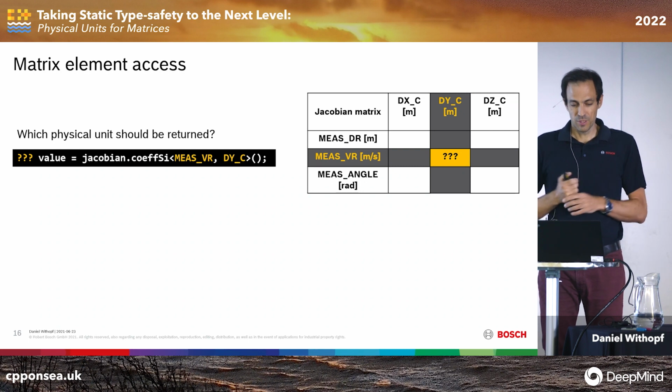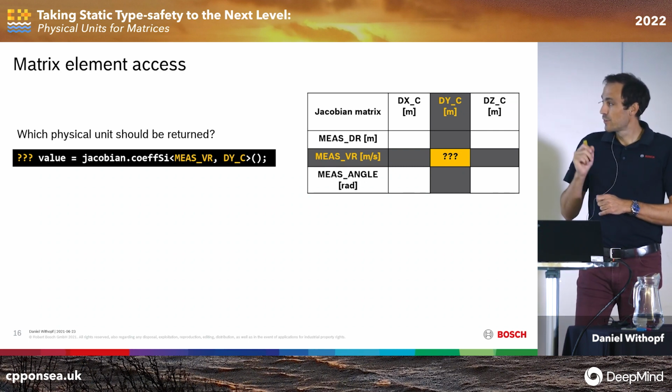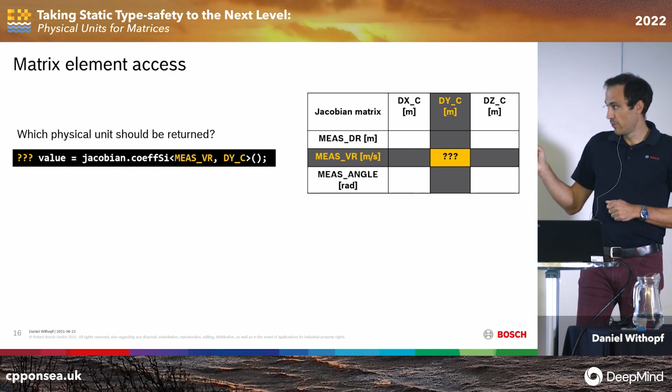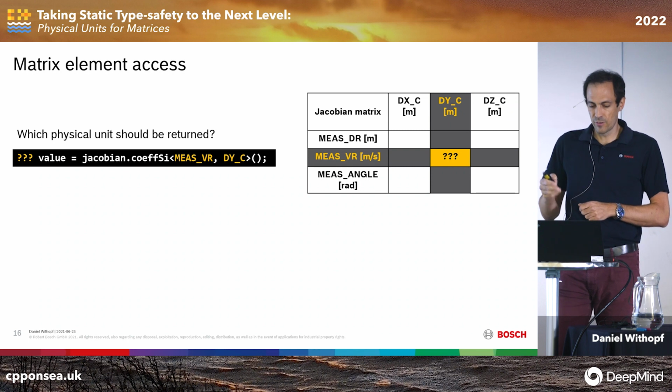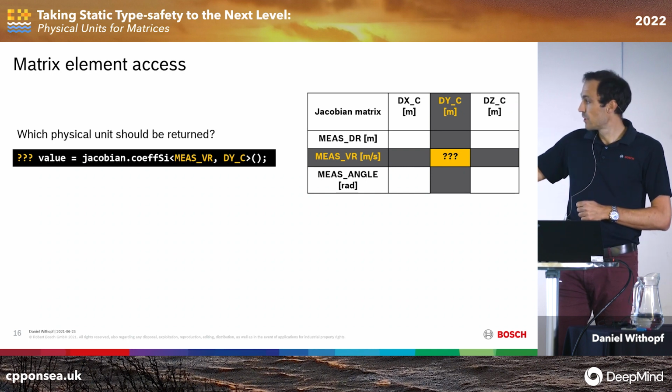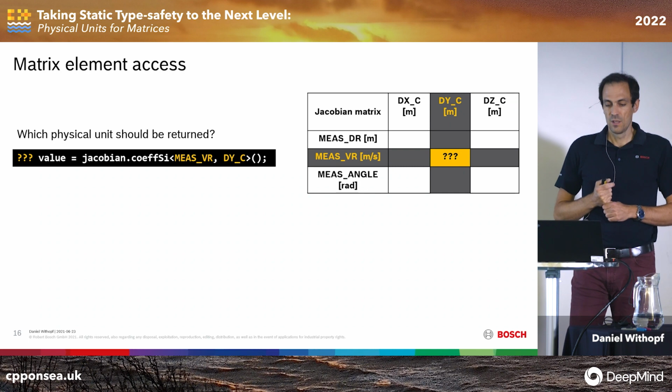Now, another question for you. Which physical unit should be returned if we do this access here? So if we call coefficient Si, and we access the row with an index mesh vr, so the radial velocity with the unit of meters per second, and the column here with a physical unit of meters. Does anybody have an idea which unit should be returned here?